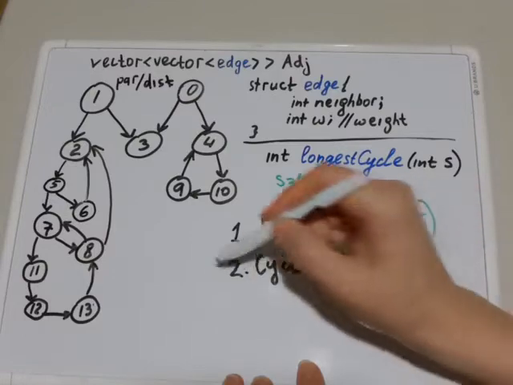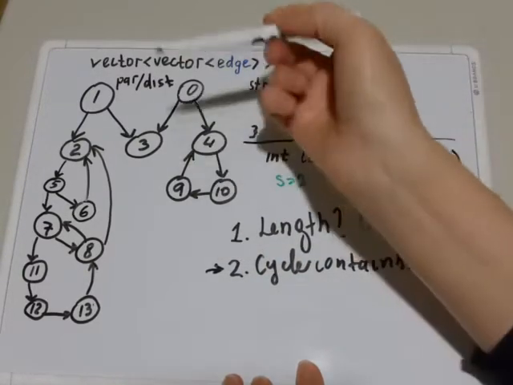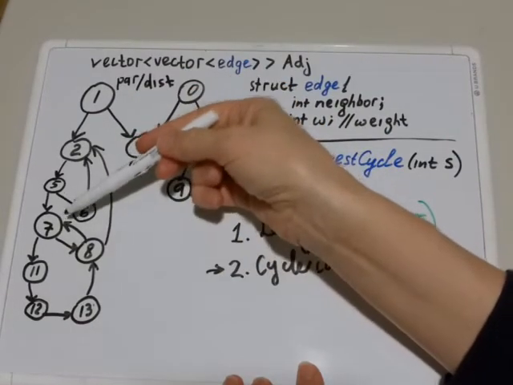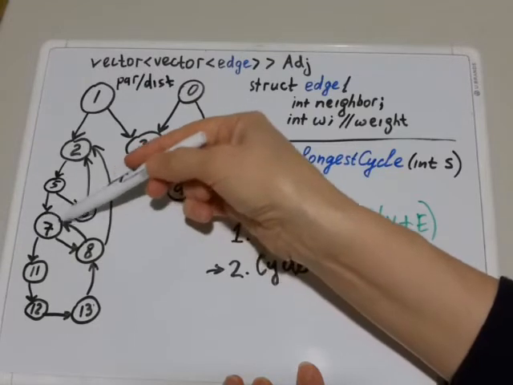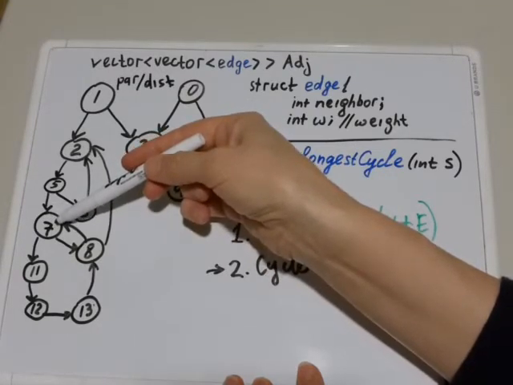Well, this question is easy to answer. When you run DFS and you encounter a gray vertex, check if this vertex is the vertex from which you started running DFS visit. How do you know that?